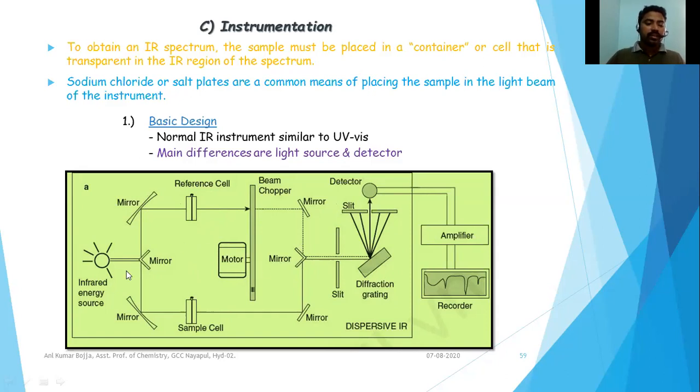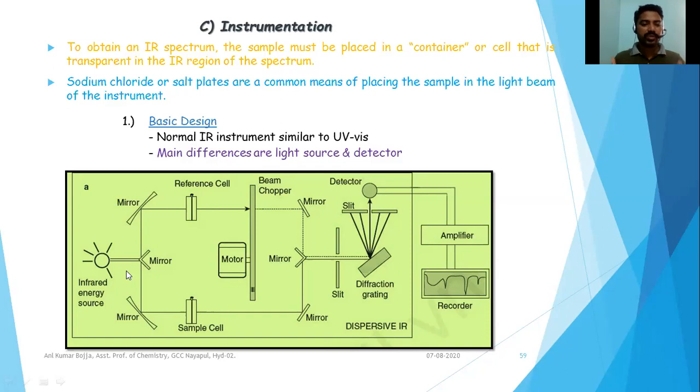And the main thing, which one is that? The source has to be there. Unless there is a source, there is no production of infrared radiation. Once the infrared radiation is not there, how will the molecule interact with the electromagnetic infrared radiation, and how will it undergo vibration? So the light source is very important.